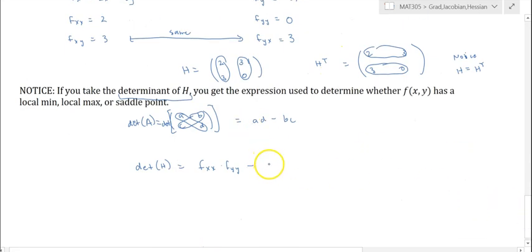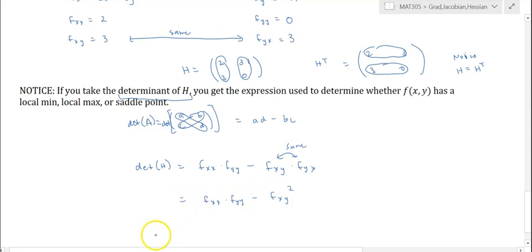And I'll just write fxy times fyx. Now, since these are equal to each other, I can just write it as minus fxy squared. Or you could write it as fyx squared. It doesn't matter because they're both the same.